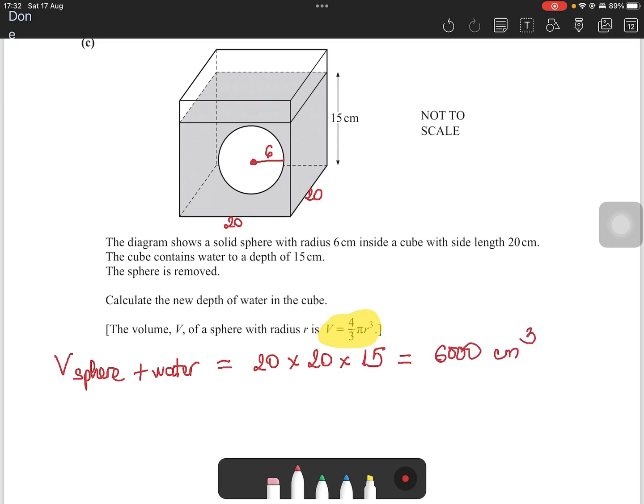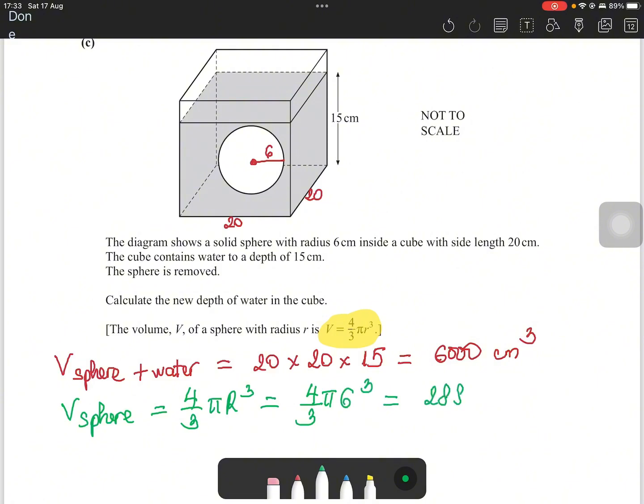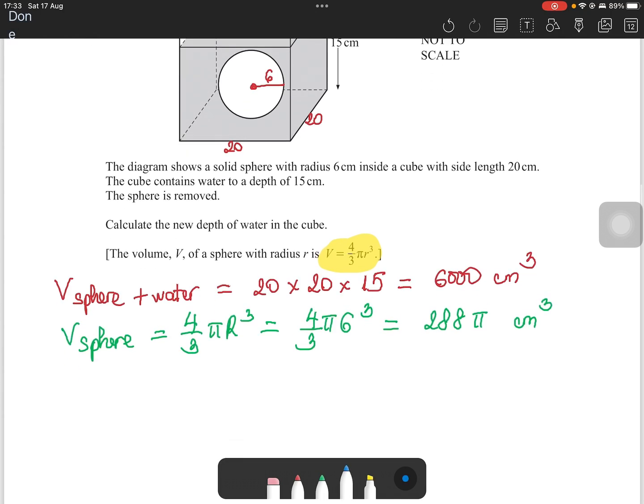And then we know the volume of the sphere is 4/3 pi r cubed, which is 4/3 pi 6 cubed equals 288 pi cubic centimeters. So we can find the volume of the water by subtracting the volume of the sphere from the total volume. So this is equal to 5,095 cubic centimeters.